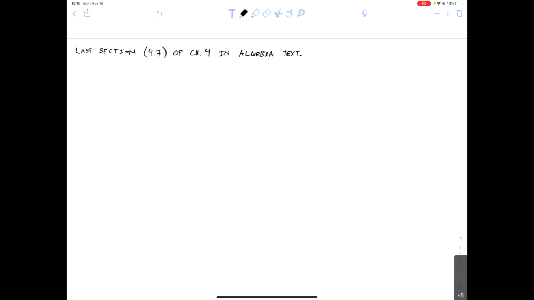Now, if you recall, this one we did lecture together at one point. We talked about inequalities, right? We had greater than, less than, greater than or equal, less than or equal.